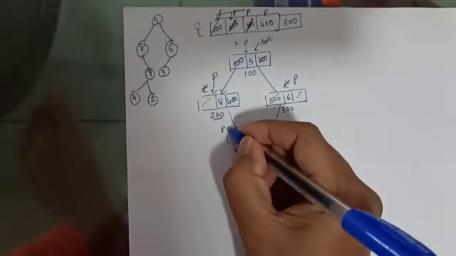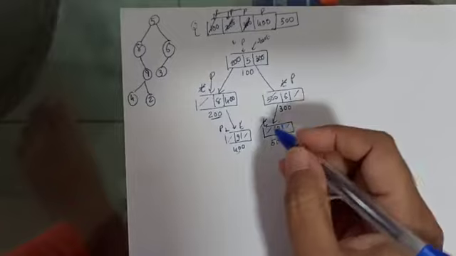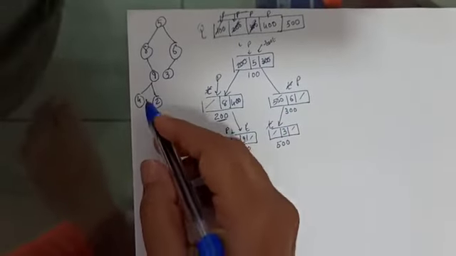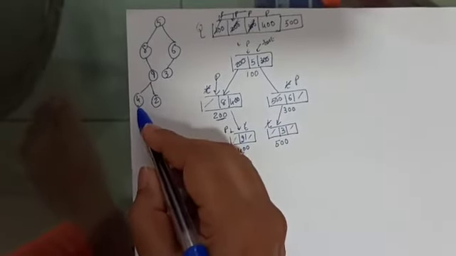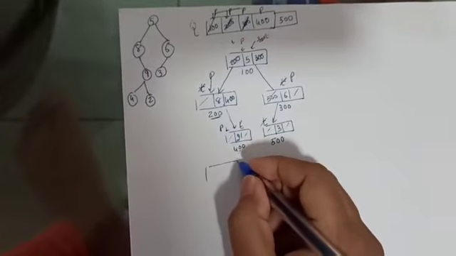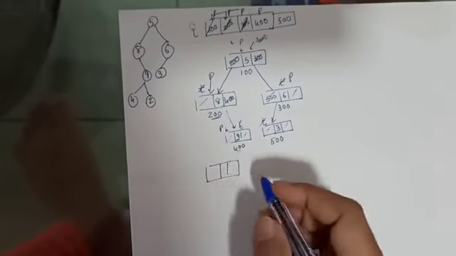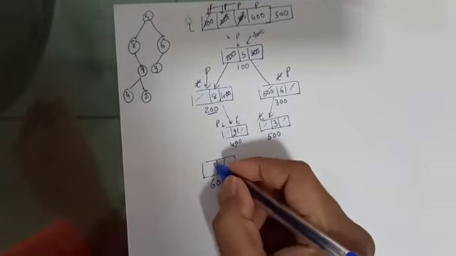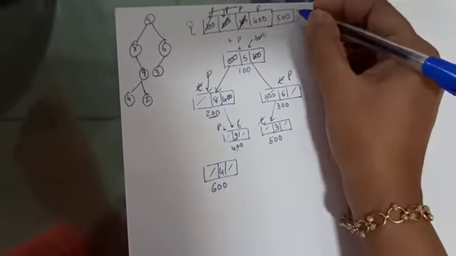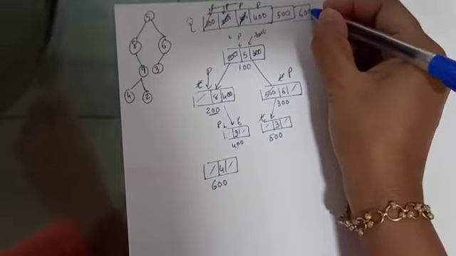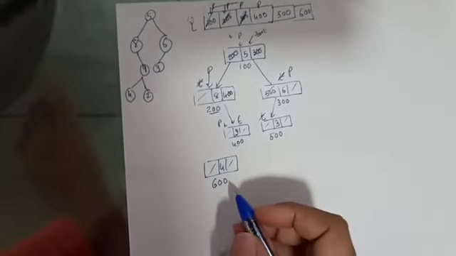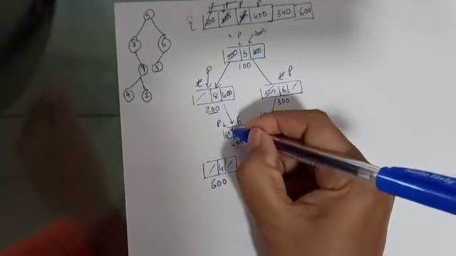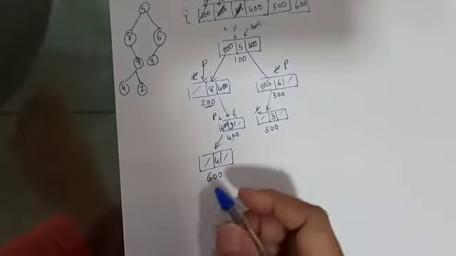We will ask whether this node has a left child or not. Yes, it has a left child. So let me create one node and insert the value. This address must be 600. Set both links to null. Insert the new node's address 600 into the queue data structure. 600 would be stored here, and this link is created.